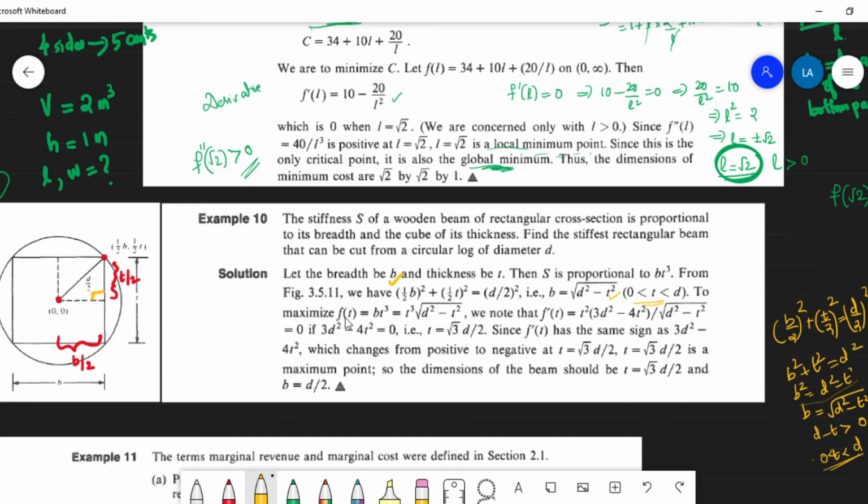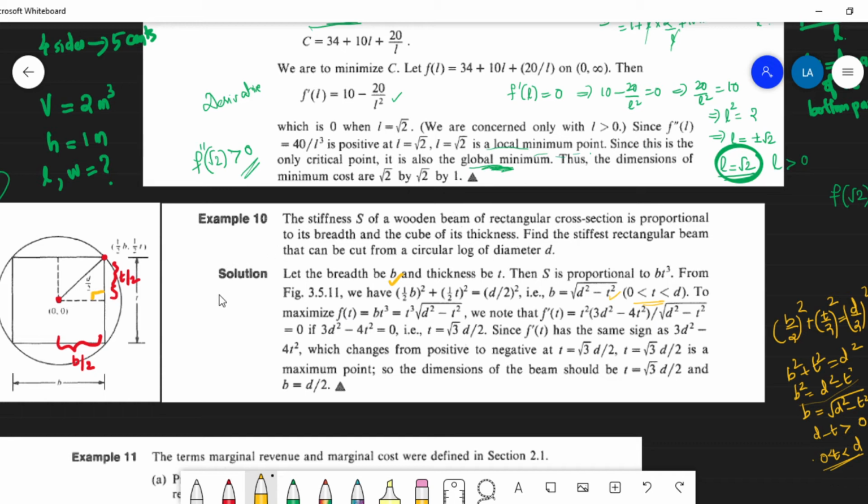Okay. So call the S, which is depending on b and t. And we know that b can be written as root of d square minus t square, and d is a quantity which is given to us, so b is actually technically depending only on t, so you can change this b to root of d square minus t square.